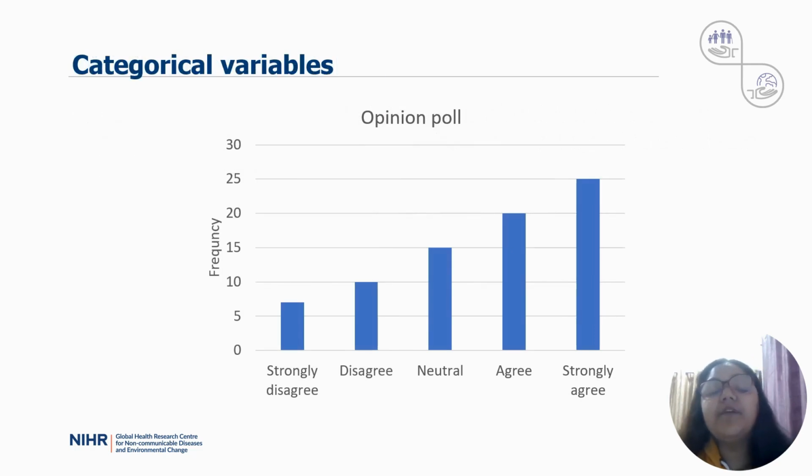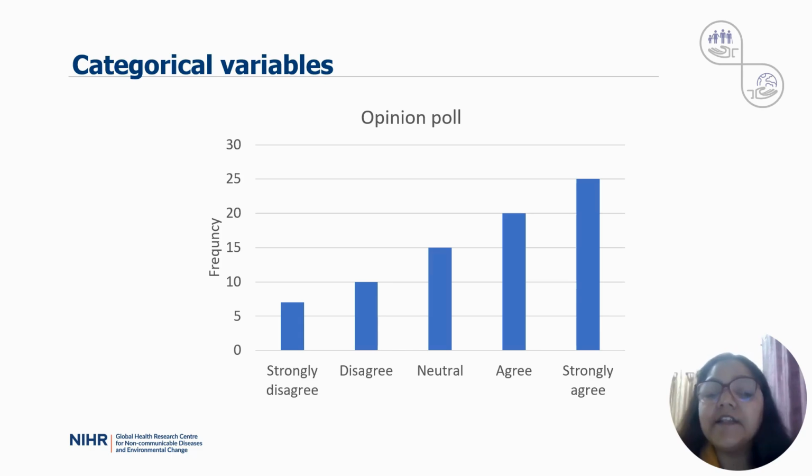So for example, for categorical or qualitative variables, variables that have categories, such as in this opinion poll, you can represent this variable graphically to understand its distribution using a bar graph.